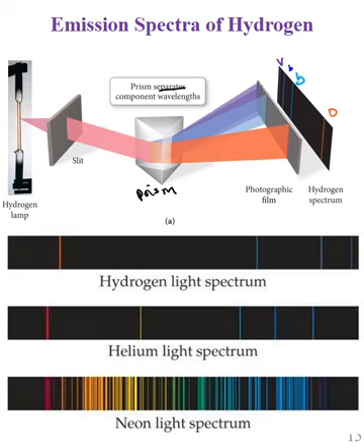So this photographic film we can use to look at different atoms. Hydrogen, we kind of went through that already. This is A. If you burn hydrogen, you'll get the orange wavelength, the blue, and then the darker two blue/purple. Helium light, if you burn that, you'll get those wavelengths that you can see in, let's say, the photographic film B. For neon light, look at how many wavelengths you can get. You can get almost a continuous spectrum, although it's not continuous.